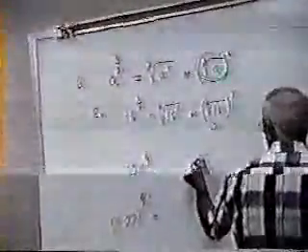Now, what does it mean by the 4th root? Let's talk about that for a minute. What is the square root of 9? It's 3 times 3. It's what times itself gives me 9. The cube root of 27 means what times what times what, 3 of them, gives me 27. The cube root of 8 is 2, because 2 times 2 times 2, 3 of them, gives me 8.